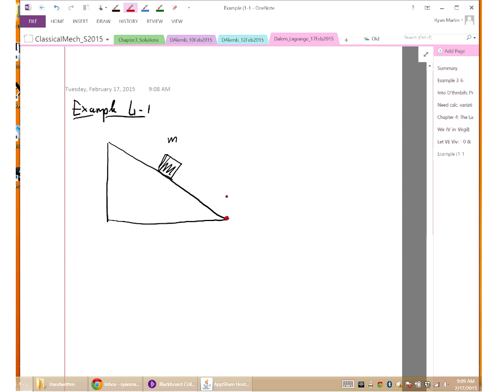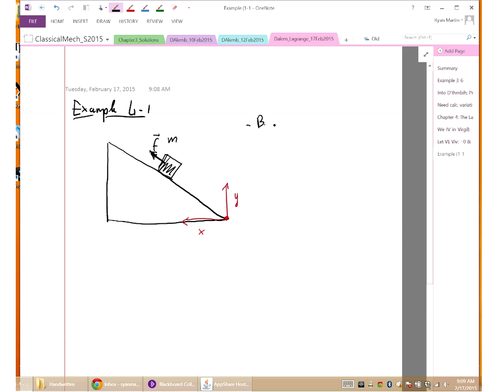We have an origin, which we've written down here. And we're told that there's a constant friction force F that's applied here.